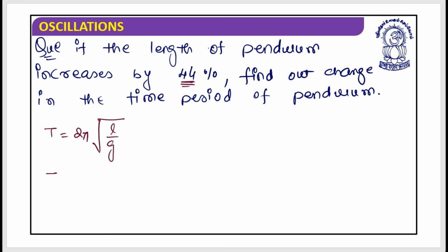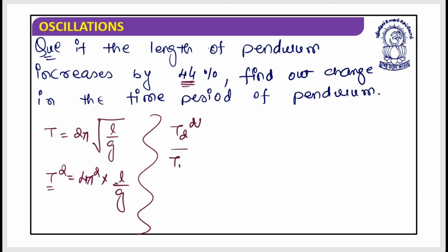and from this, T square equals 4 pi square into bracket L by G. As I understand, only L keeps changing and G has no effect, so T2 square divided by T1 square equals L2 divided by L1.